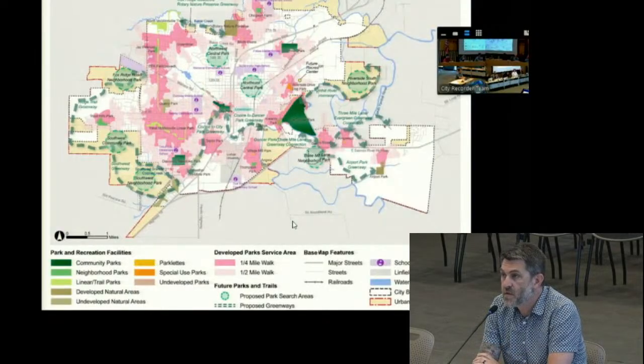So it was determined that the ideal would be to build 2 new parks there. As part of the PROS plan, it does not identify exactly how that will happen, but it does call for staff to look into building parks in those locations, and those are included in the SDC costs.